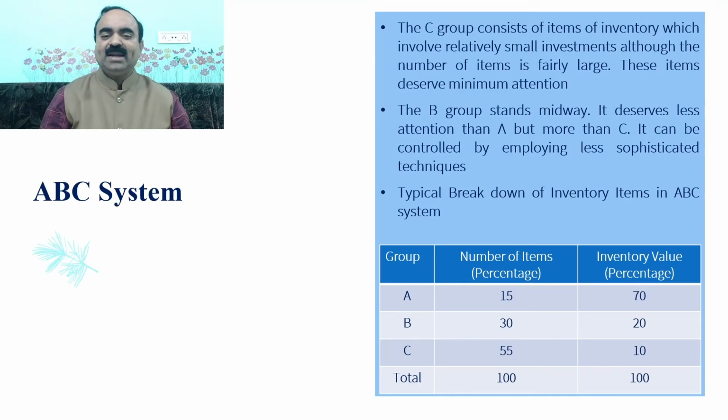B group items will be 30% in terms of number of items and 20% in terms of inventory value. C group items will be 55% in terms of number of items and 10% in terms of inventory value.